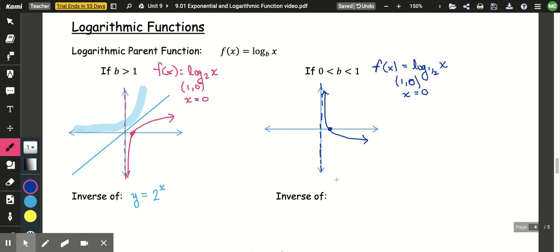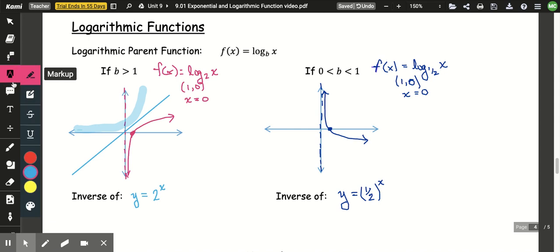Okay, so once again, this one is an inverse of another function. The inverse of this one would be the exponential function y equals 1/2 to the power x. So one more time, I want to put the graph of y equals 1/2 to the power x on with this one. So that would look something like this.